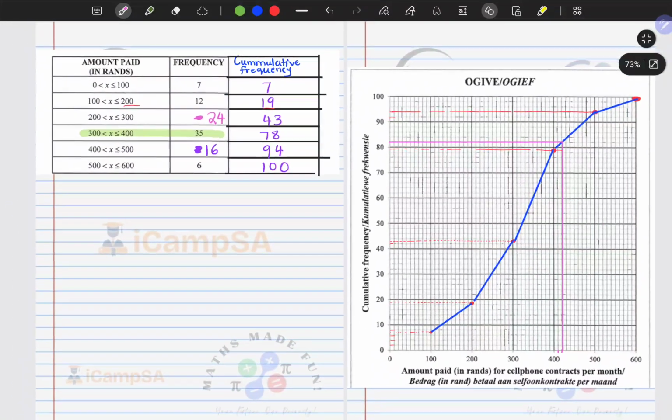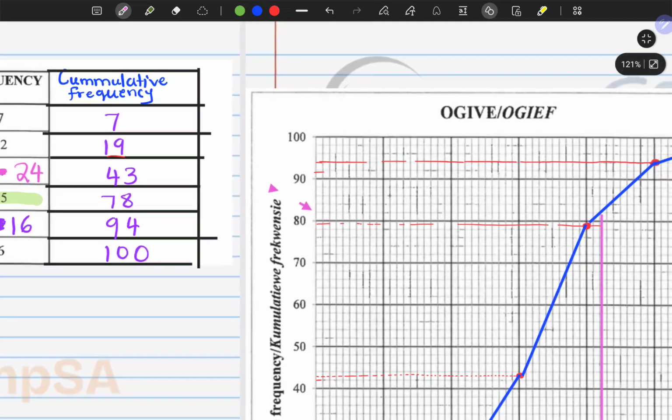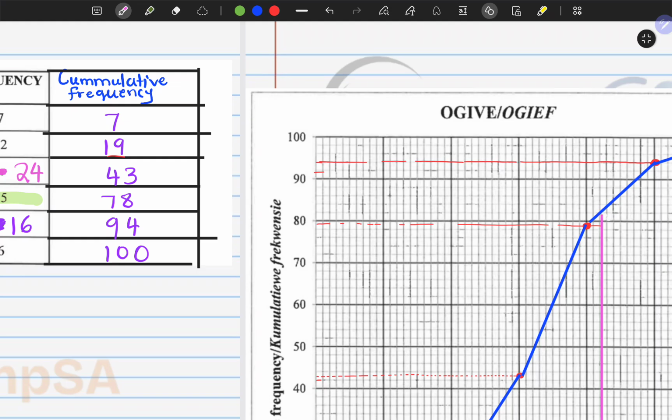Okay. Now we need to think carefully of exactly what this means. So that point there is at 82. Sorry, what's happening now here? Okay, deleted a very important line. Delete. Yeah, it's not smart. Okay, so if you look at that point, you will see that we have 82.